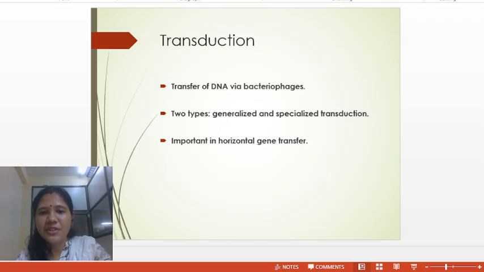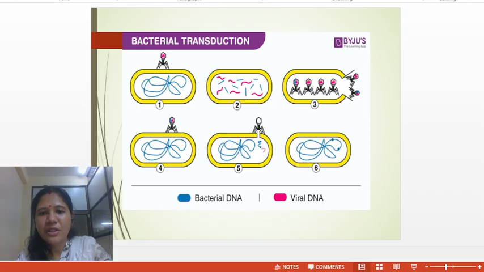The next process is transduction, the transfer of DNA via bacteriophages. There are 2 types, generalized and specialized transduction, important in horizontal gene transfer. Here also a simplified figure is presented. The bacteriophage is involved here, transferring its genetic material into the infected bacteria.